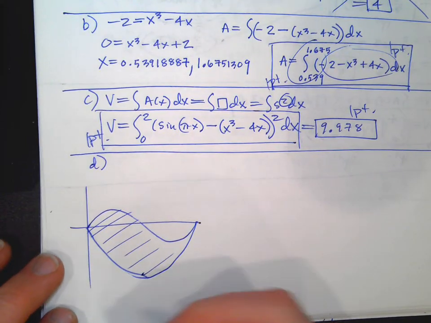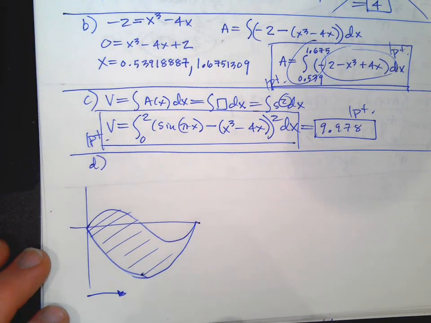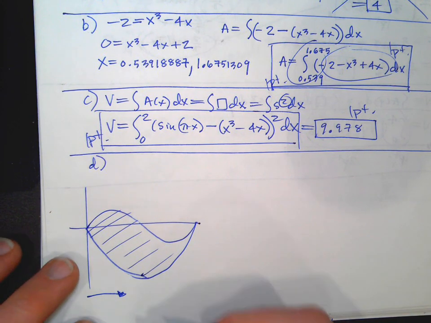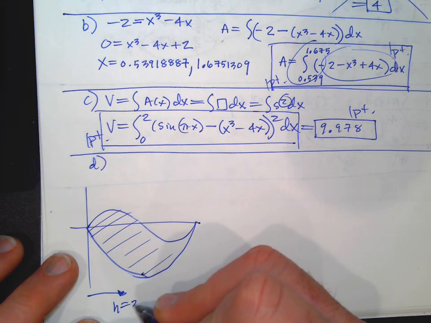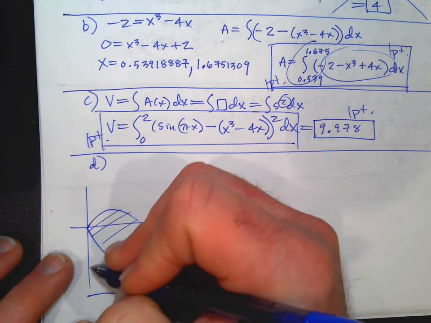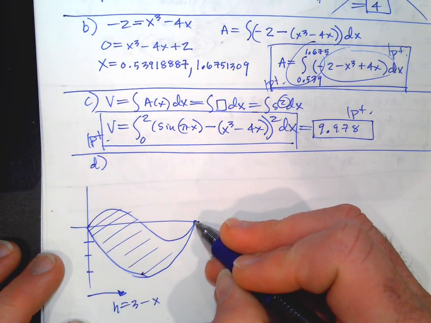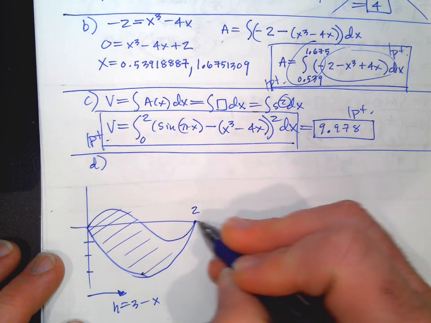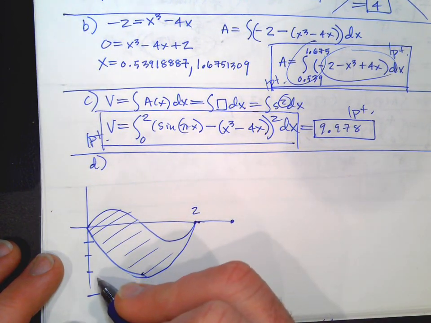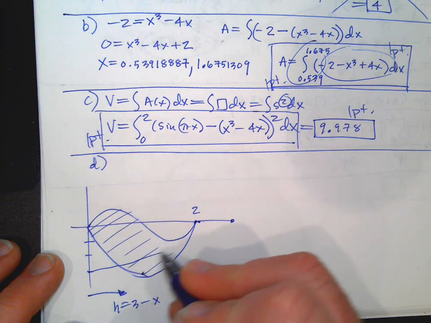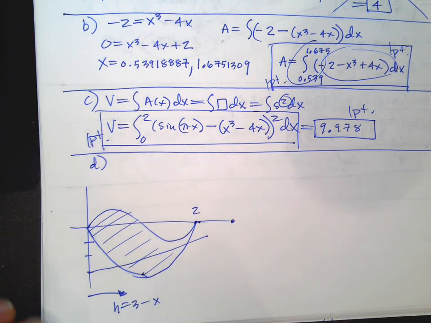It says as you go away from the y-axis, the depth is equal to 3 minus x. So when x equals 0, the depth is 3 units. When x equals 3, the depth is 0 units. So it's like gradually getting less and less deep, okay?